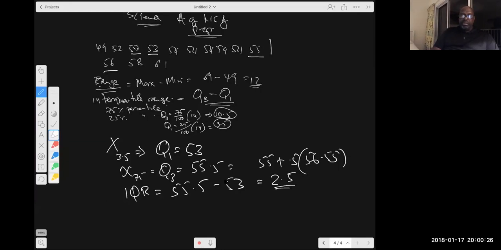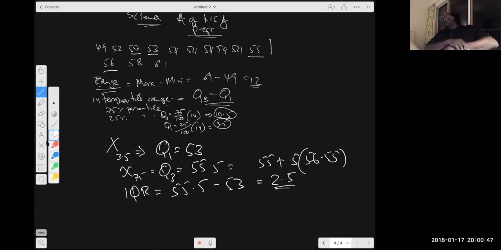What are some other measures that we're looking at? We now have variance and standard deviation, two important measures. Let's see what those are all about.